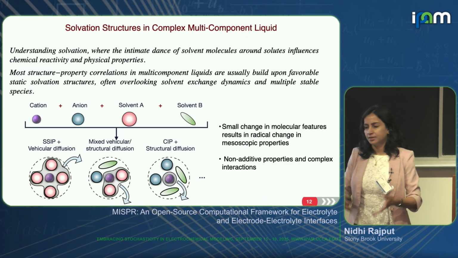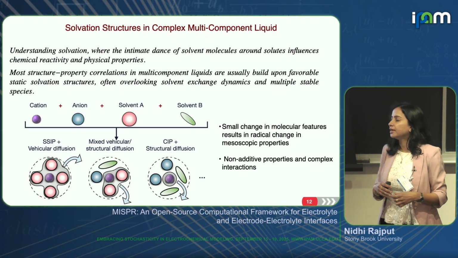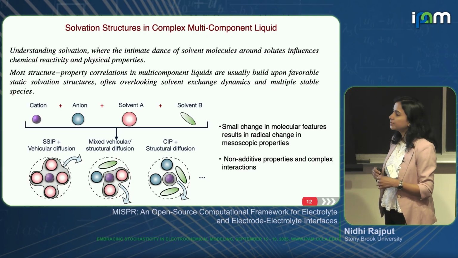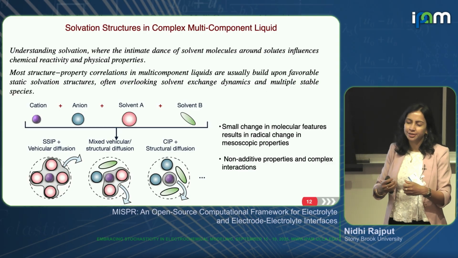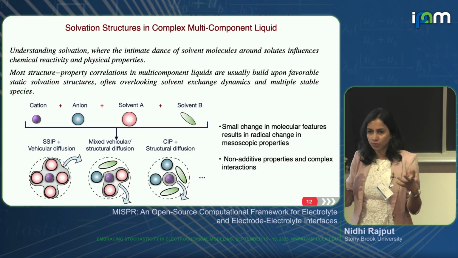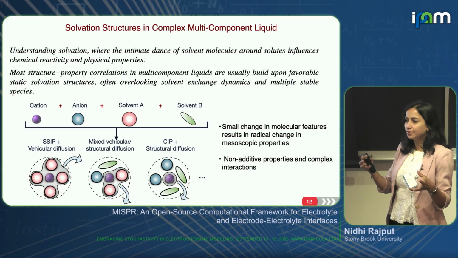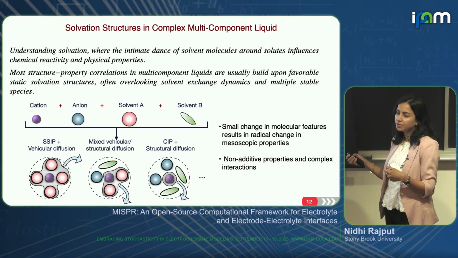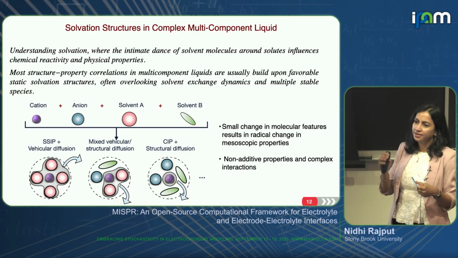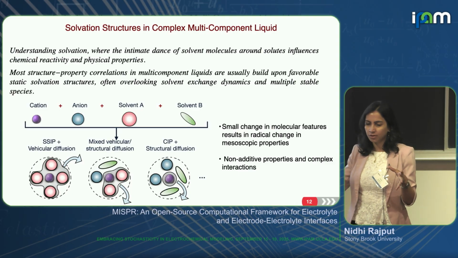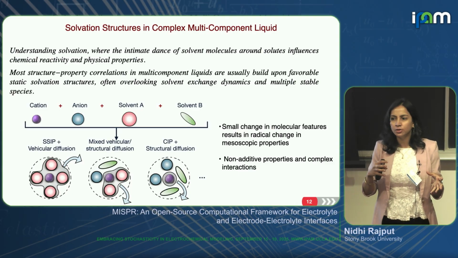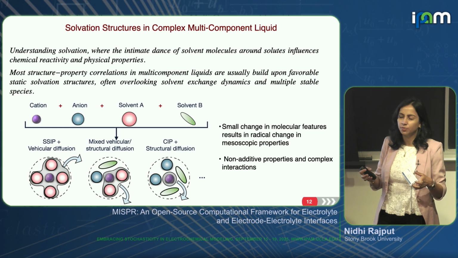Okay, so let's dig a little bit deeper into the scientific understanding of electrolyte systems. I'm sure everyone here can appreciate that solvation structure is one of the key ingredients in understanding and predicting the properties of electrolytes. It's the intimate dance of the solvents around the solute which controls the chemical and physical properties.